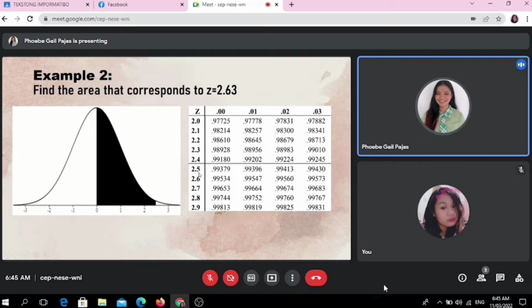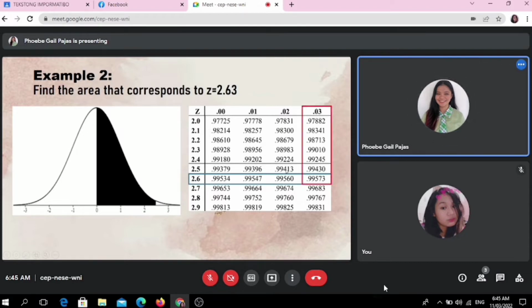Then, titignan natin dito yung 2.6. So, yung 2.6, i-align natin doon sa 3, kasi 3 yung last decimal place. Tapos, yung 3, i-align din natin sa 2.6.